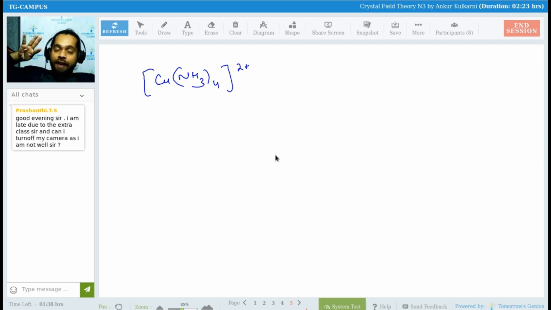No, how can it be sp2? We have 4 ligands, no? So it will be in 4 orbitals, not 3. How did you get dsp2, not sp3? And why not sp3? Jason got it sp3.